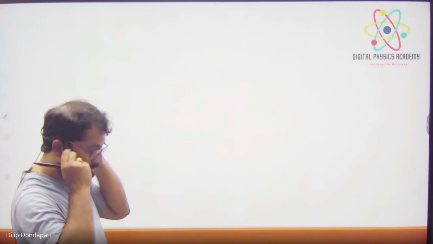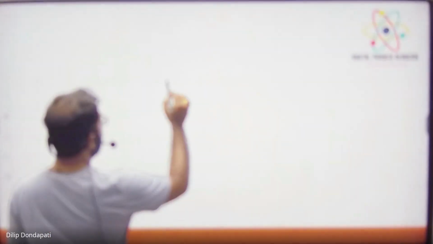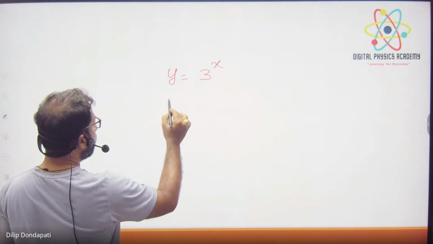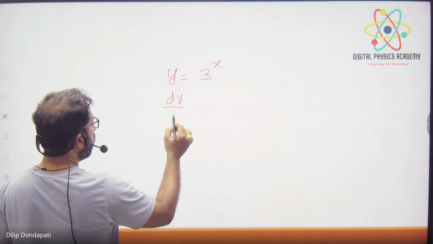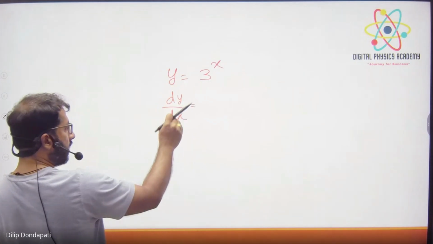Any questions, we'll do all this properly. Suppose, tell me, y is equal to 3 power 4x, what is dy by dx? We are differentiating this function with respect to x.